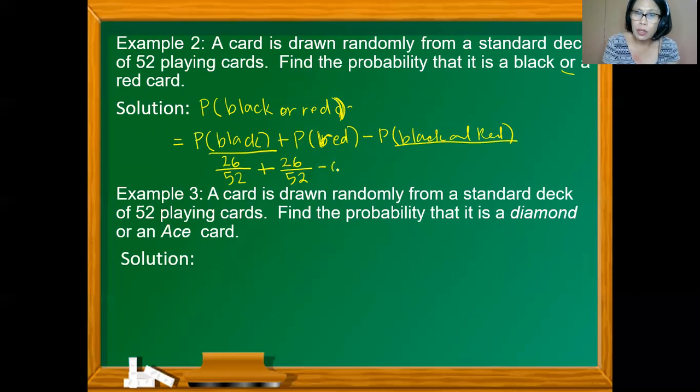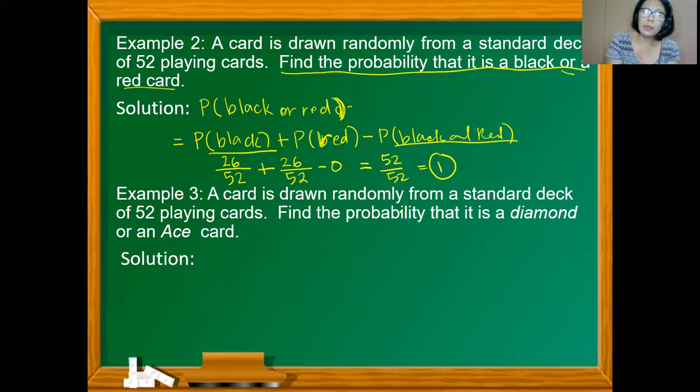So this is minus zero. So this is equal to 26 over 52 plus 26 over 52. This gives us 52 over 52, or the probability is 1. Meaning, the probability that we select a black card or a red card is 1.